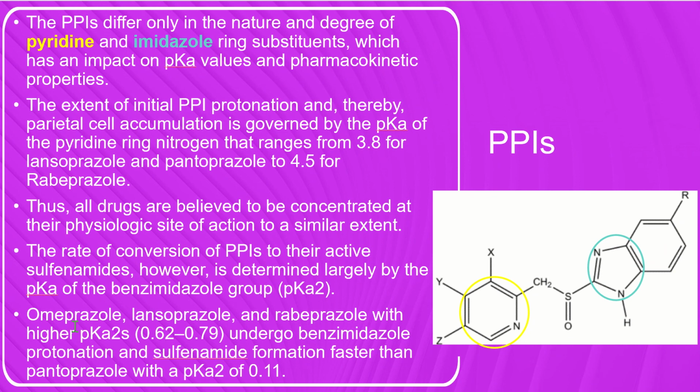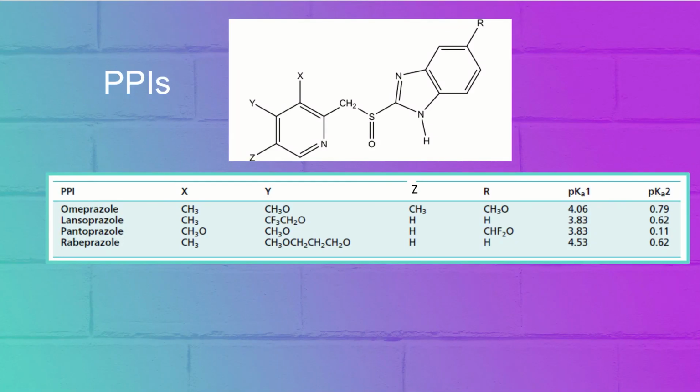So what is important here is the pKa of the benzimidazole group, and that will determine how fast the prodrug is converted to its active. How fast that literally happens. So you might be wondering at this stage, what is X, what is Z, what is Y, what is R?